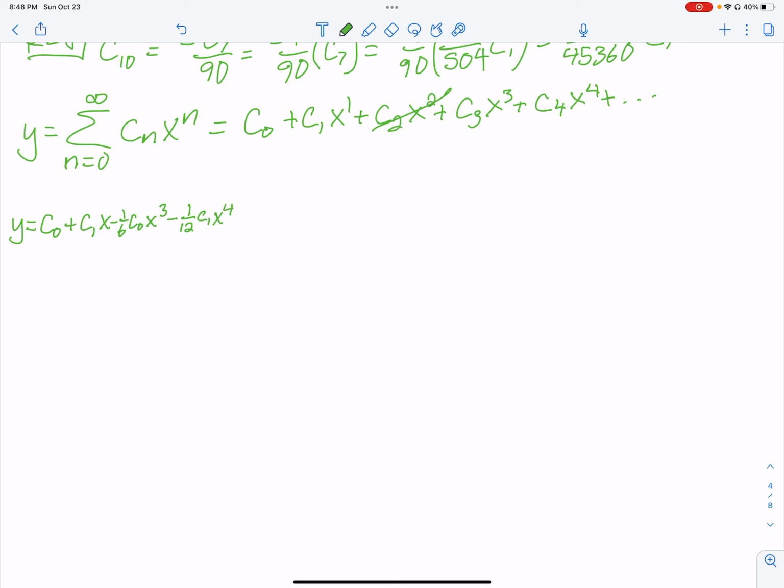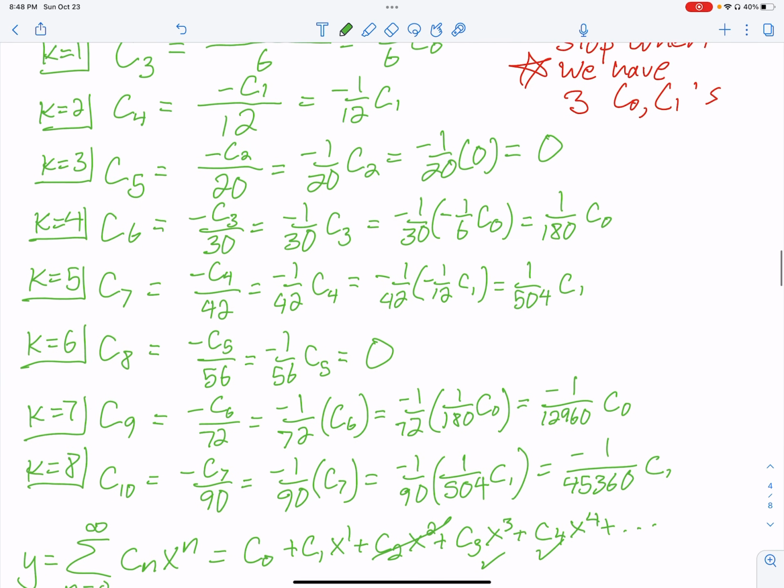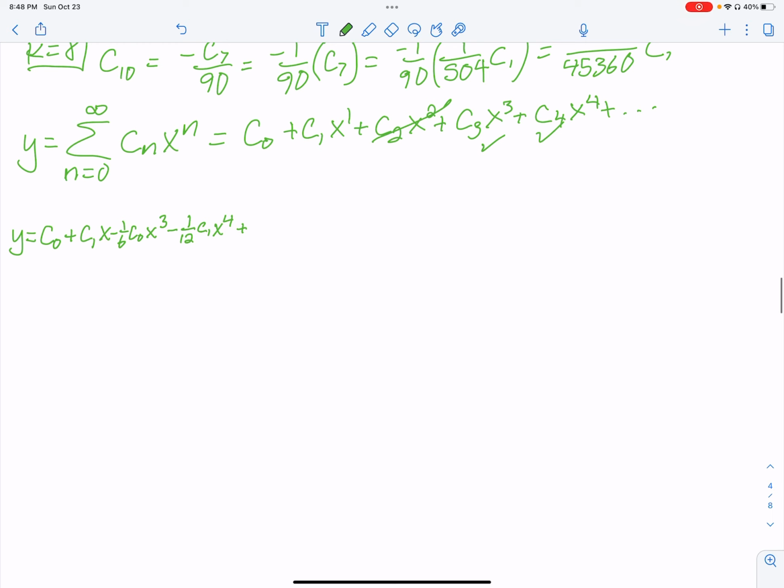So I've written those down. Then c_5: if I look back up and scroll, here is my c_5. c_5 is 0, so that's gone. So I go back down. I have c_6. If I go back up and look, I have it written here: it's 1/180 c_0 x^6.